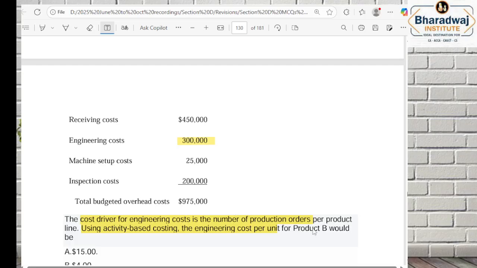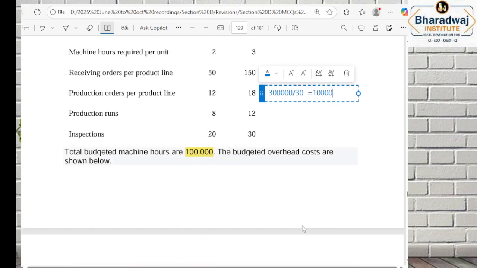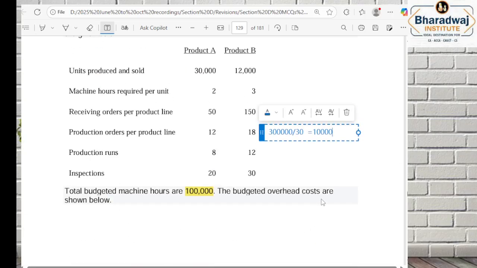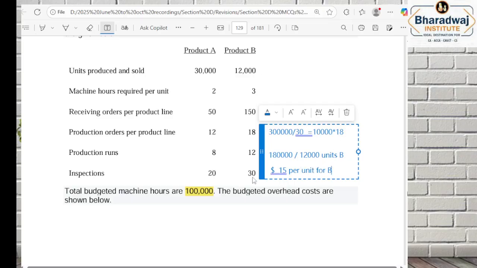Product B. That is 1,80,000. So 1,80,000 divided by how many units manufactured? 12,000 units of B. So how much do you get? 15 per unit for B.